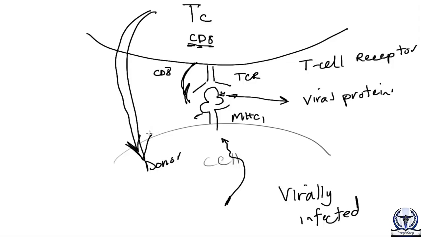So in these two cases, this is basically immunology telling us that the cytotoxic T cells help protect us against virally infected cells, which is one of the mechanisms of that, and it also helps us against foreign cells.